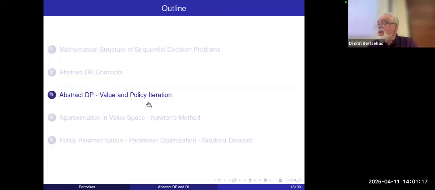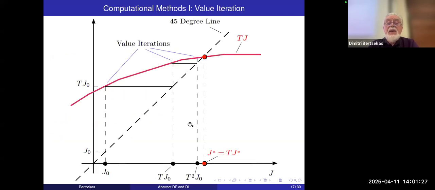So now let me discuss algorithms in abstract dynamic programming. These are patterned after the value iteration and policy iteration algorithms, and they are also fixed point algorithms. Value iteration. This is the classical fixed point iteration in numerical analysis.